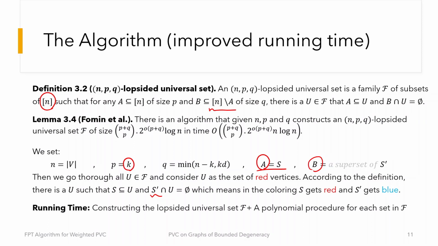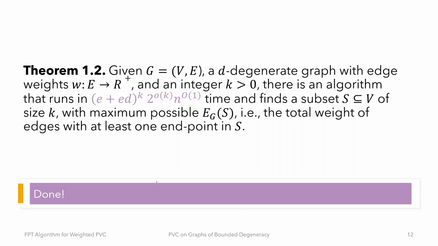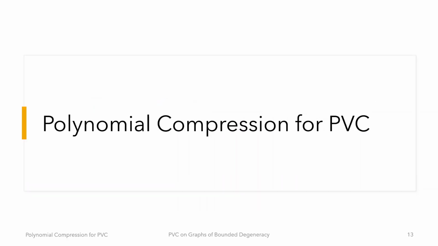And the running time is again the constructing of the lopsided universal set and a polynomial procedure for each set in the family, which, if we use this fact, since the running time here is a bit ugly, we will get this running time, which is the second theorem, and we are done with the first result. The second result is a polynomial compression for PVC.